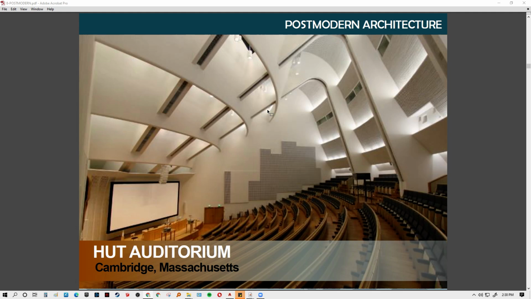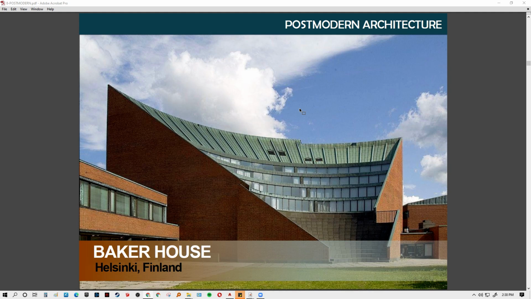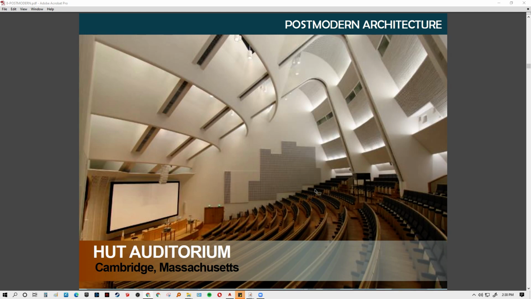But then as you can see, the glass gives natural light, yet it doesn't project heat that much, or it blocks the heat, or this ceiling and wall divisions block the heat that comes from outside.